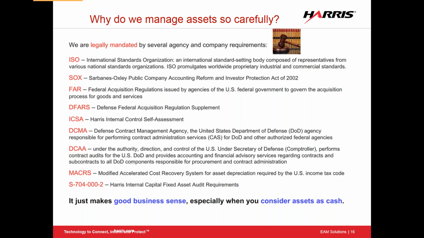There are things like accounting controls, like you'll see in the world of MACRS, for example, where you have to conform to the income tax code. The IRS is real sticky about the way we report our operations. And so it just makes good business sense.